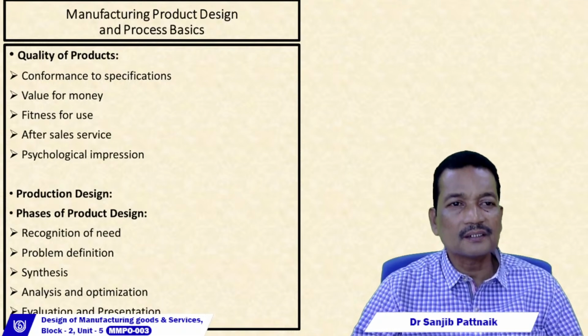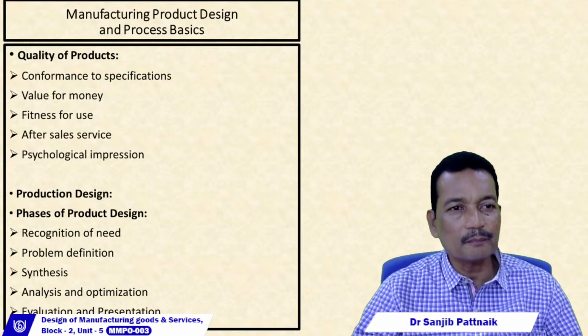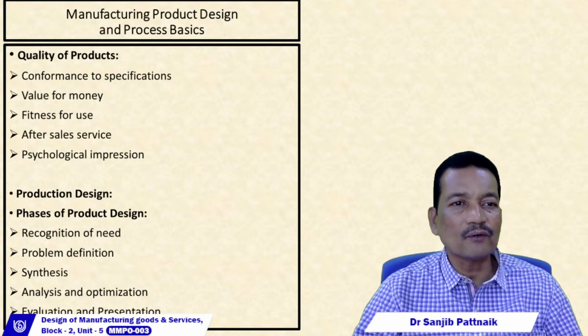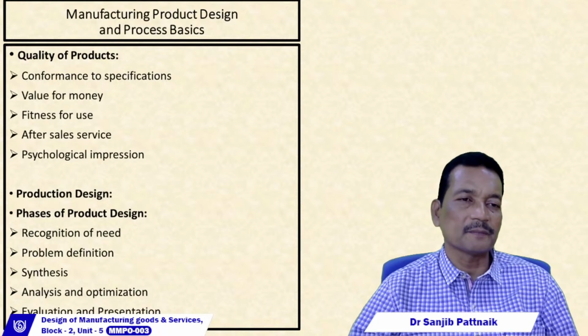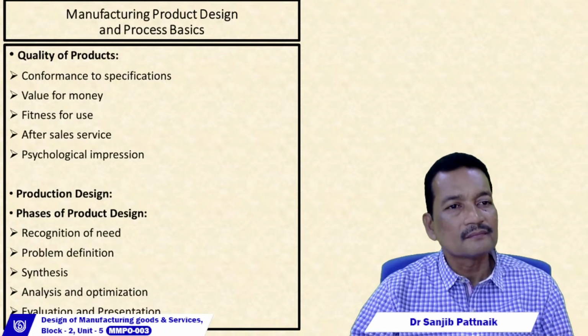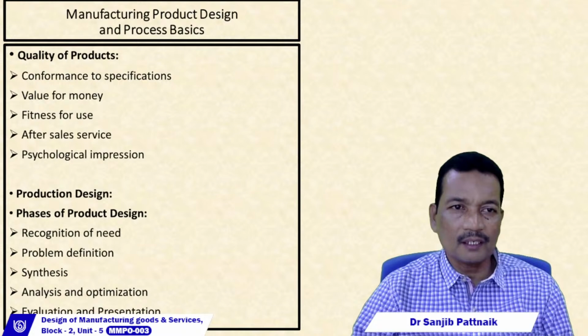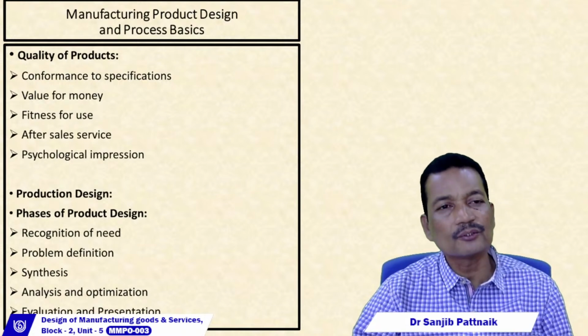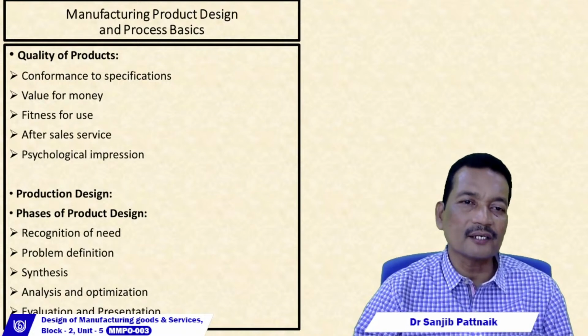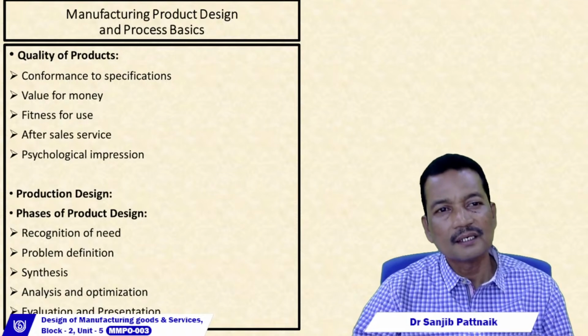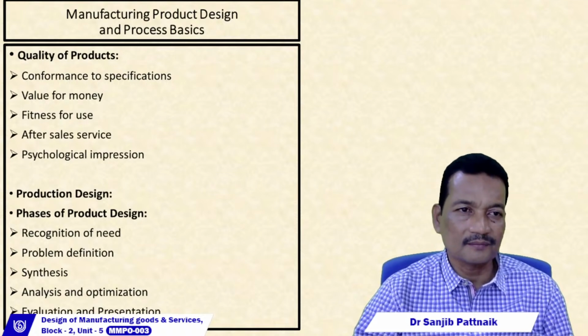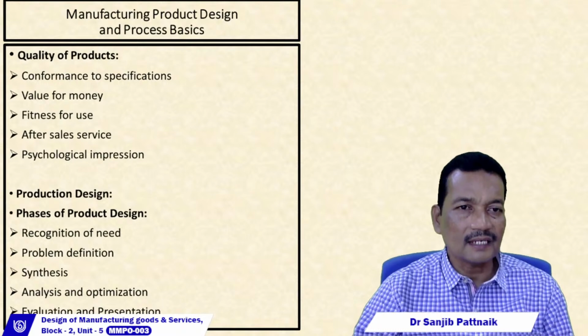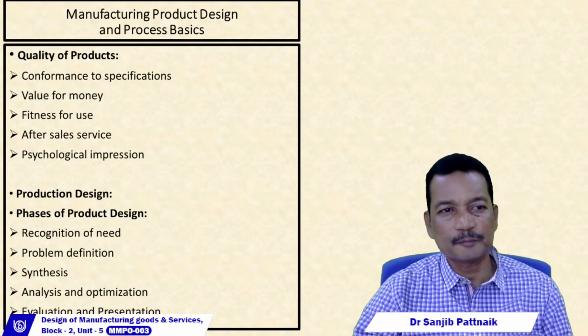So the quality of products, when we say it, is conformance to specifications. Whatever products we produce should be produced according to the various specifications, and the product should meet the specifications.